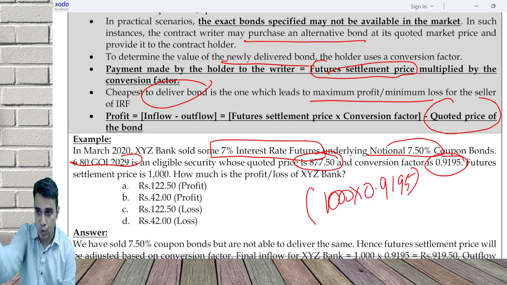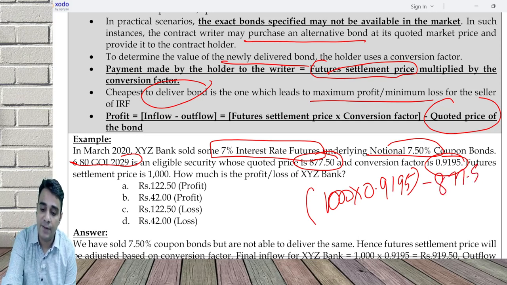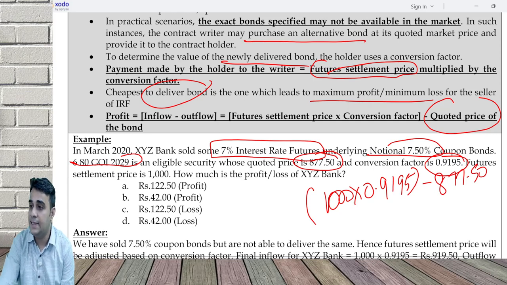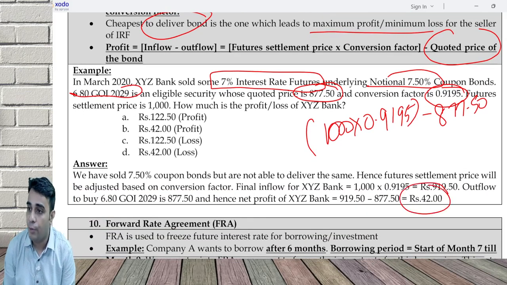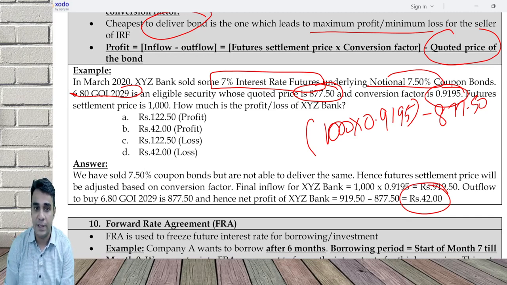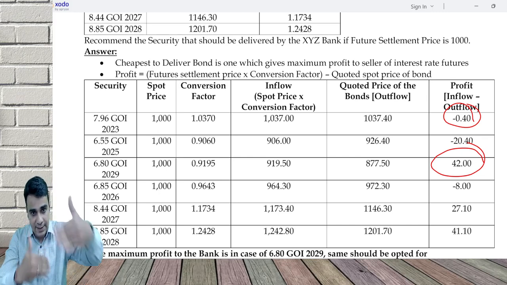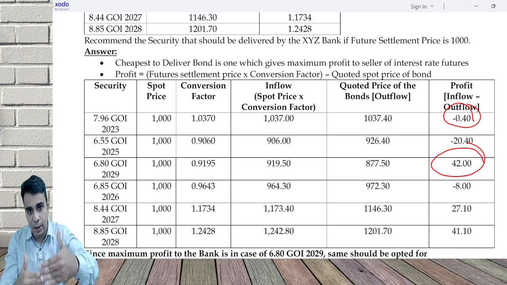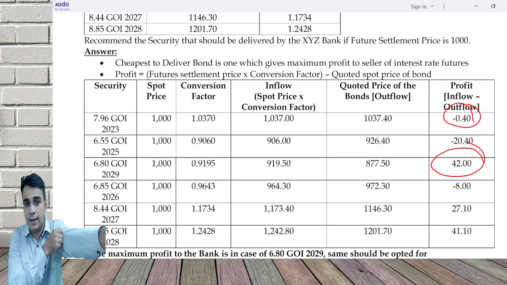Who will give this? You have to give me. What will I give you? A bond worth 877.5. I make a profit of 42 rupees. Any doubts on this? I'm done with interest rate future. I will summarize till this part of it before I go to forward rate agreement.